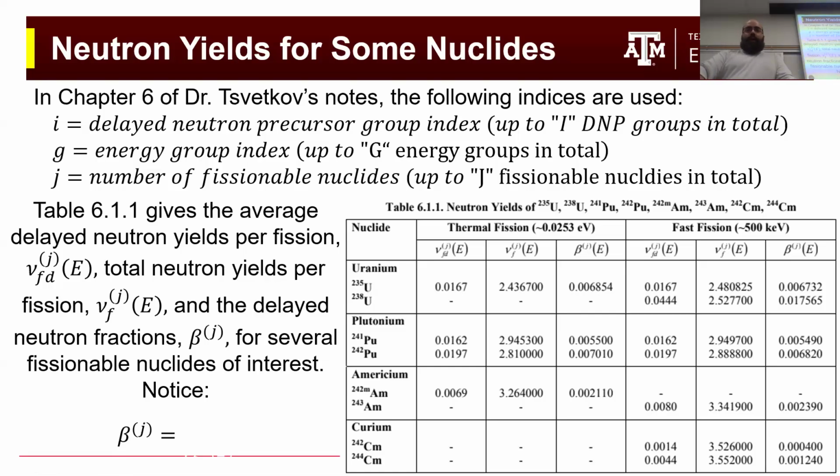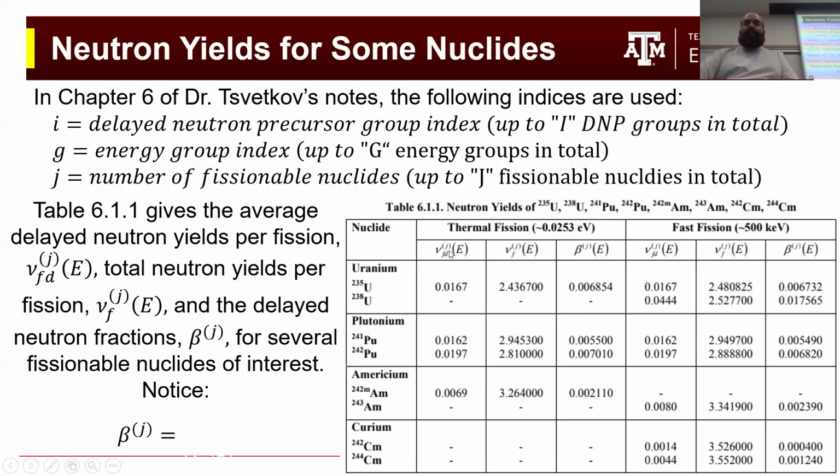This is a table that comes out of those notes where we're getting values of the number of delayed neutrons per fission, which is the nu FD, the number of total neutrons per fission, which is the nu F, and then the delayed neutron fraction. And this is for all these different kinds of fuel types.